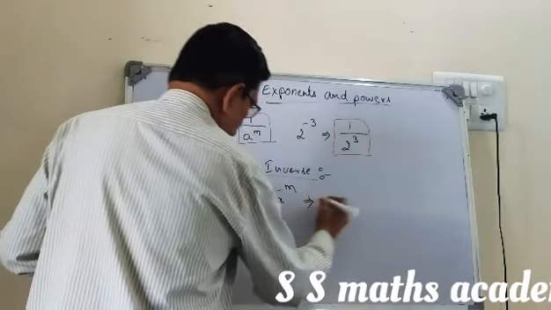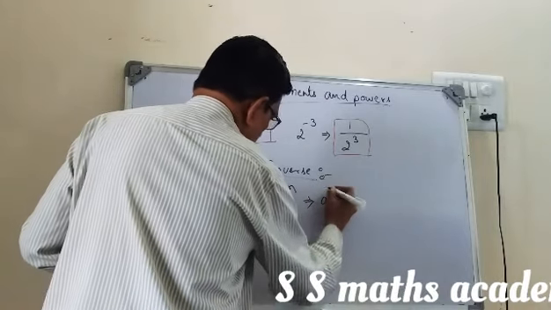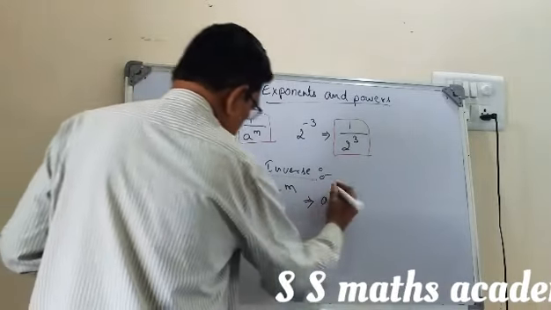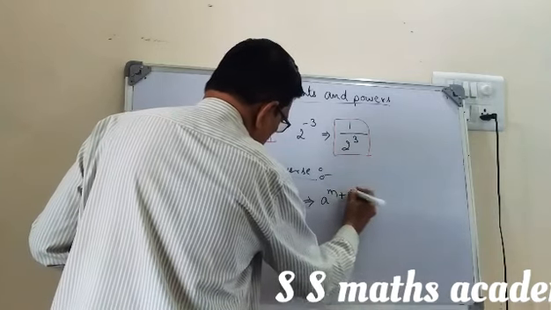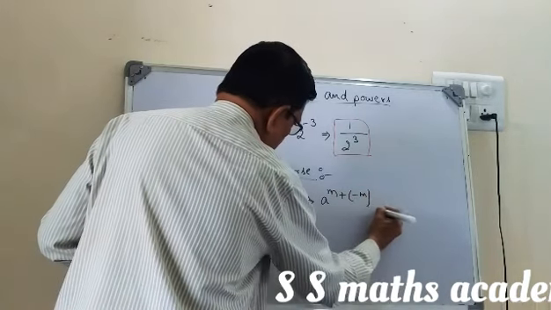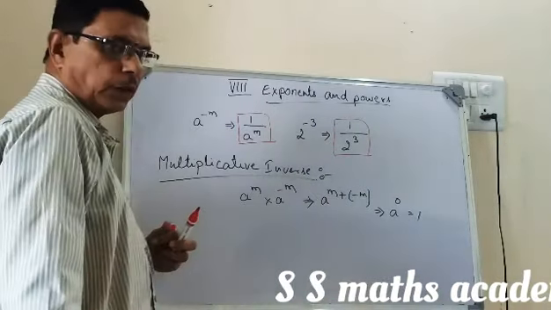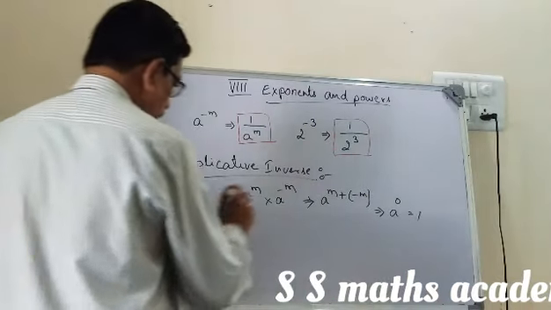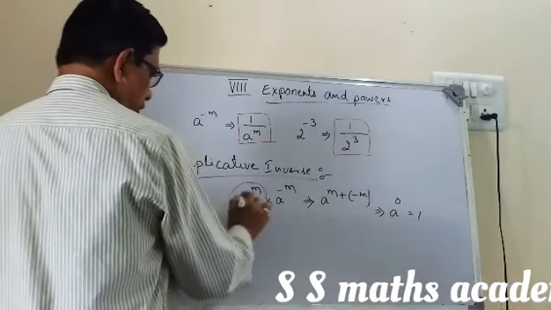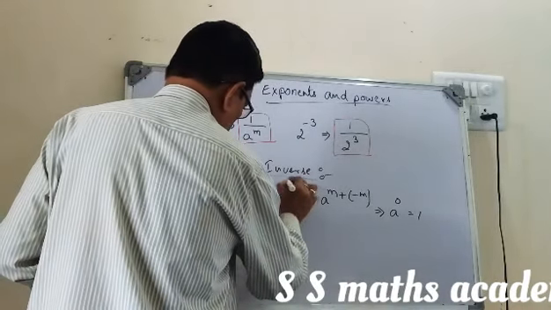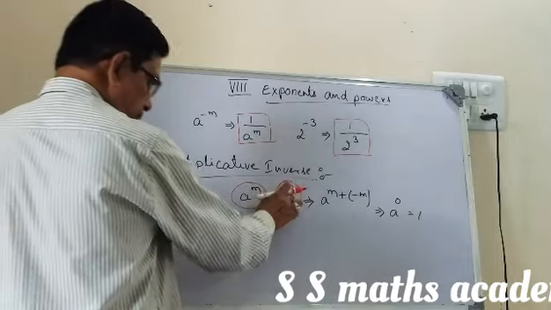So this will become what? A to the power of, when the bases are same, the power should be added here. So this will give you a to the power of 0, that is equal to 1. So what is the multiplicative inverse of a to the power of m? For a to the power of m, the multiplicative inverse is a to the power of minus m.